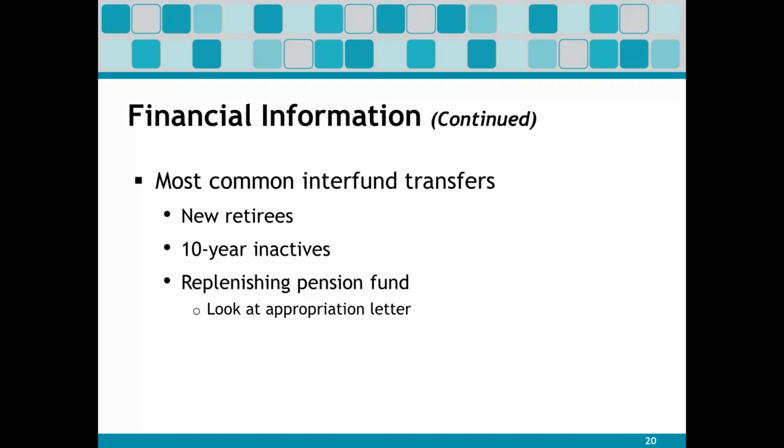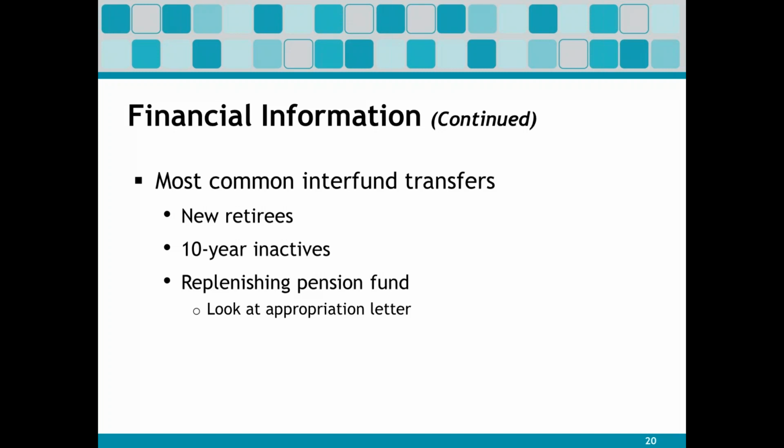10-year inactives, this is only for non-vested people. So someone works 4 or 5 years, they stopped working 12 years ago, you've contacted them, they haven't gotten back, they don't seem to want a refund. You can move the money out of the annuity savings fund into the pension reserve fund. And those first 2 are actually in the statute.